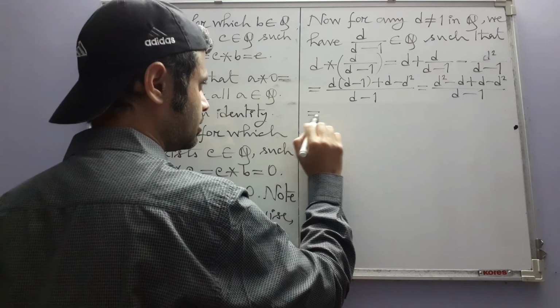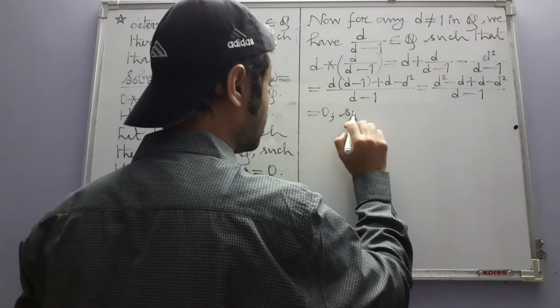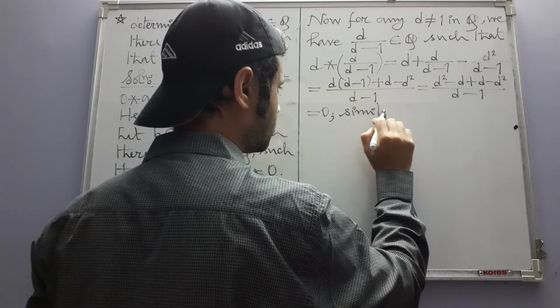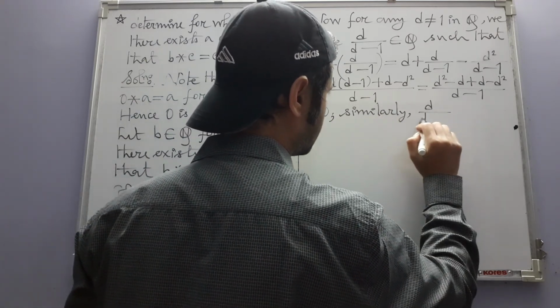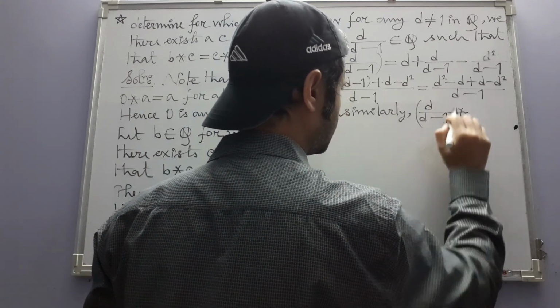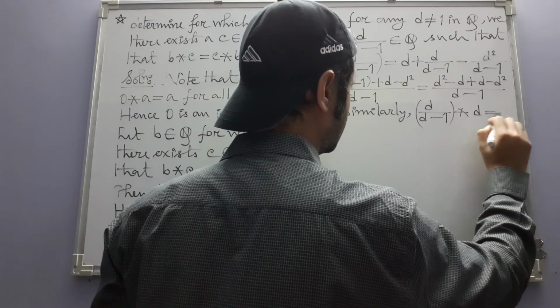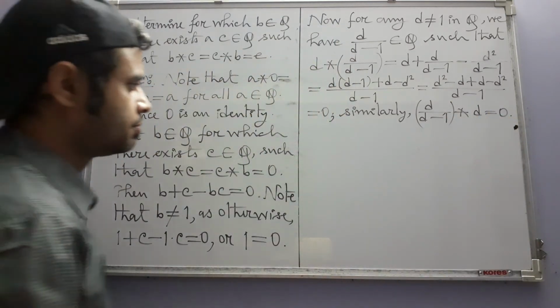So you can see that this becomes 0. Similarly, this star D is also equal to 0, and 0 is our identity.